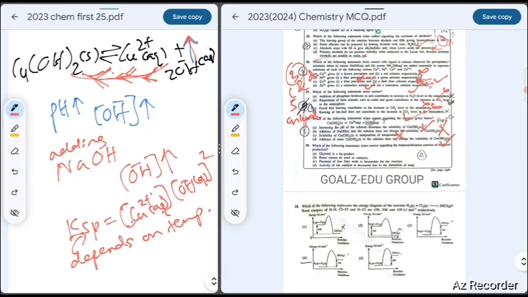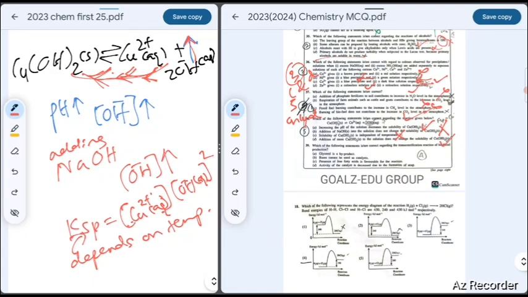But if we totally remove Cu(OH)2, what happens? I told you that when we add some more Cu(OH)2, it will not affect the solubility. But what if I totally remove all the Cu(OH)2 present and the solution does not have any Cu(OH)2 solid?